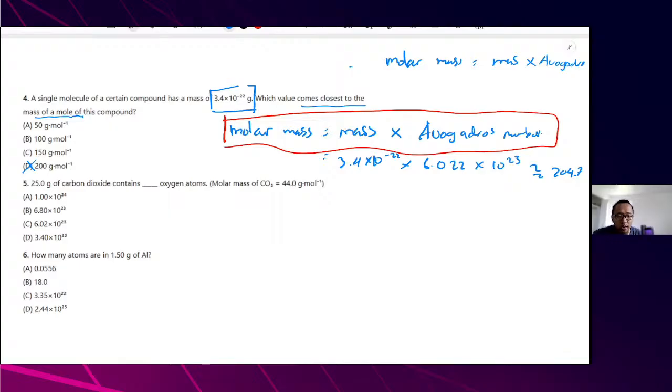I want to show you guys the book, the notes, Gen Chem 1, 2.